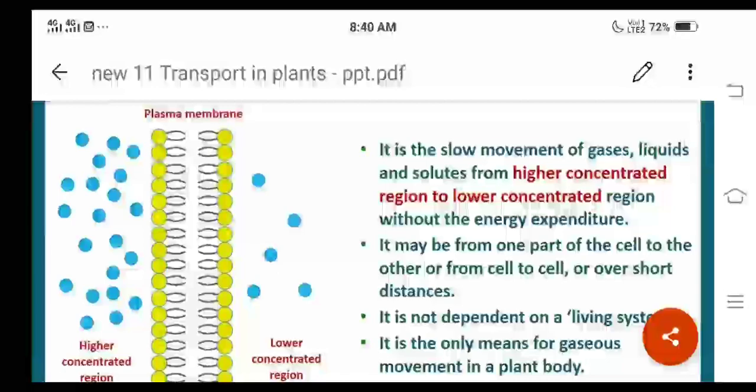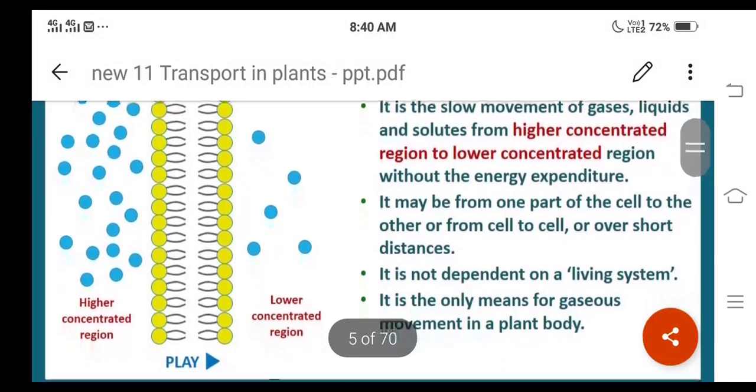Two lipid layers will be there, and the head part of the lipid is considered hydrophilic, whereas the tail is considered hydrophobic.